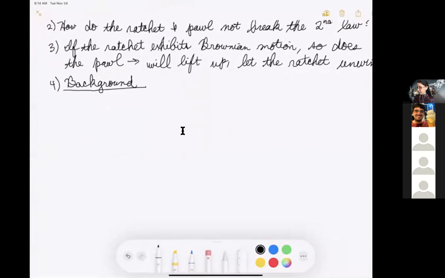It's called the Brownian ratchet for obvious reasons, as well as the Smoluchowski-Feynman ratchet.